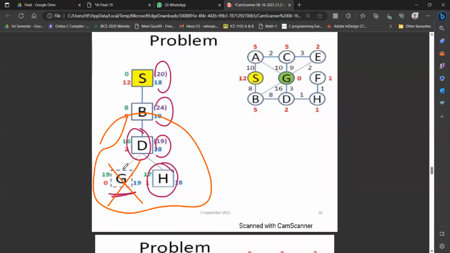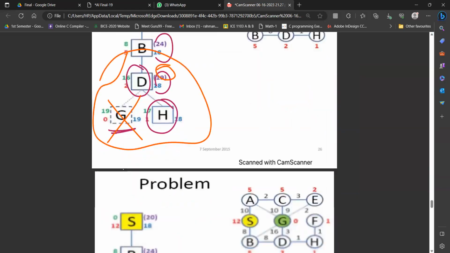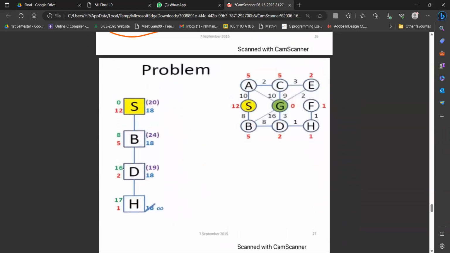So since you're deleting G, make sure you're writing 19 here because you want to remember the child that you just deleted. And since you have done that, this is how it looks right now, but H is not my ultimate goal. So remember what happens when I have already covered the maximum number of nodes, but that is not my ultimate goal. So I replace it with an infinite value, okay?